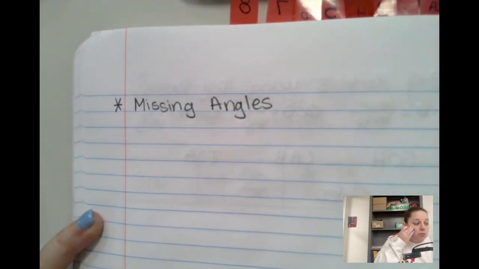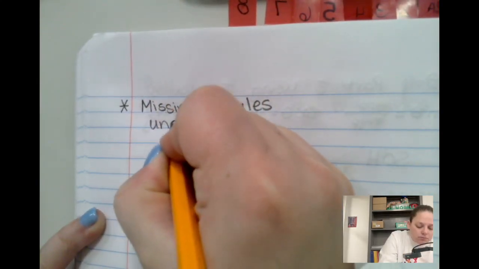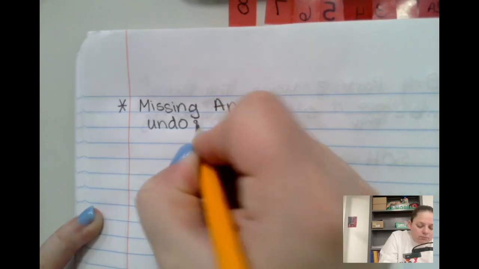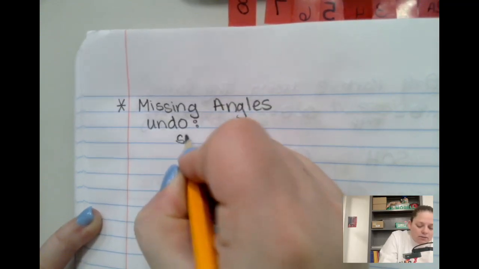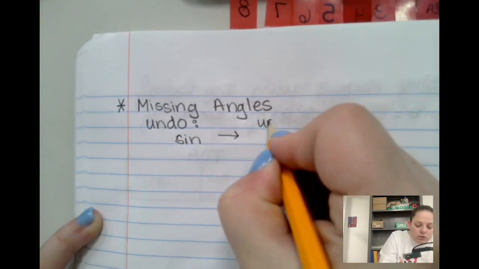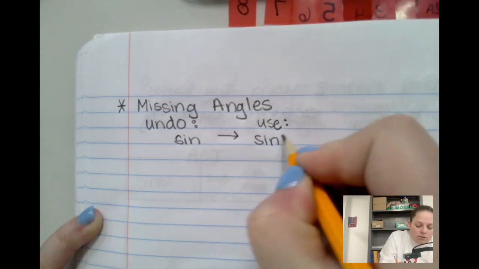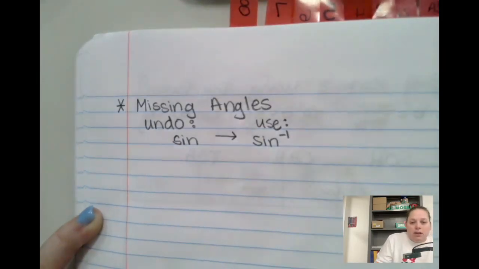Now remember, we always are working to undo things. So to undo sine, we use the inverse of sine.